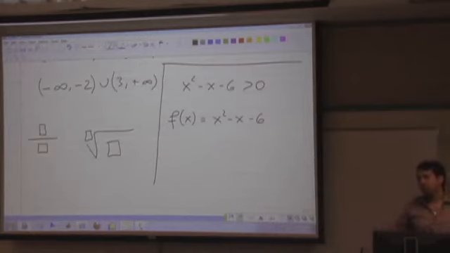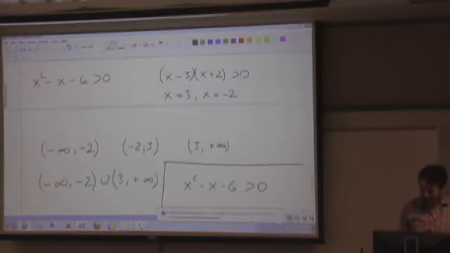How do you know if it's a U or an N? If the leading term, which is the number in front of x squared, is positive, you're looking at a U. If the leading term is negative, you're looking at an N. Does that make sense? In our case, it looks like a U, right? What else do we know? We just solved the fact that x is equal to 3 and x is equal to negative 2, right?